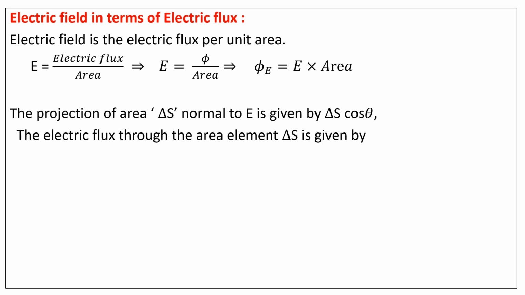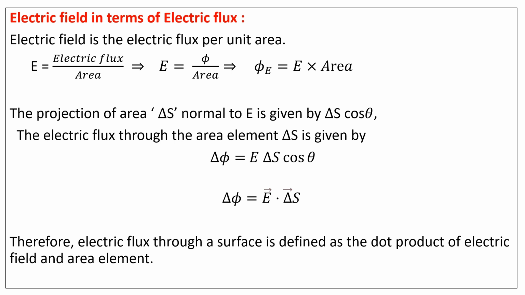The electric flux through the area element delta S is given by delta phi is equal to E delta S cos theta, that is, delta phi is equal to vector E dot delta S. Therefore, electric flux through a surface is defined as the dot product of electric field and area element.